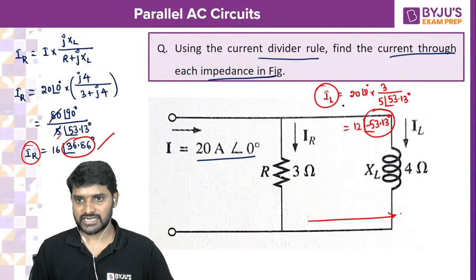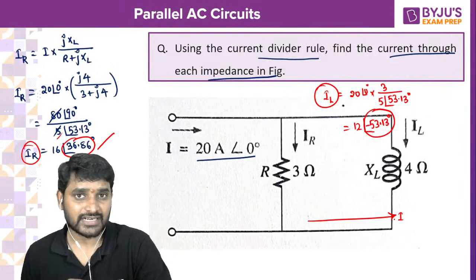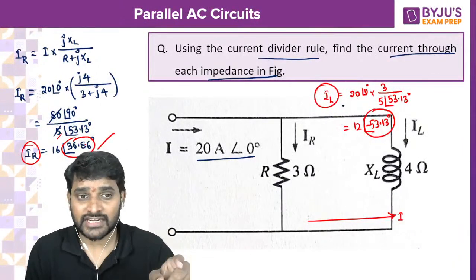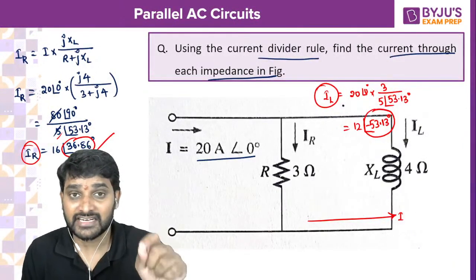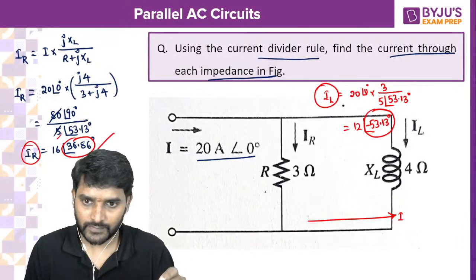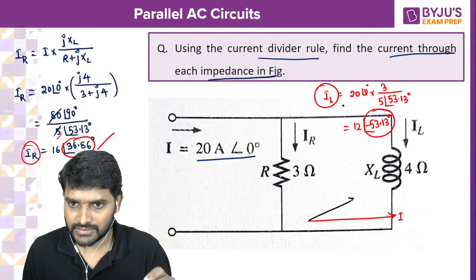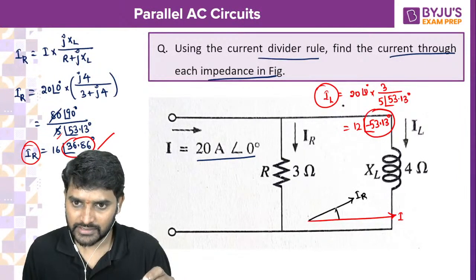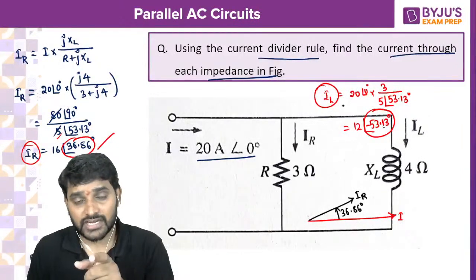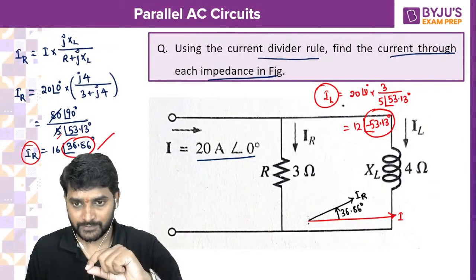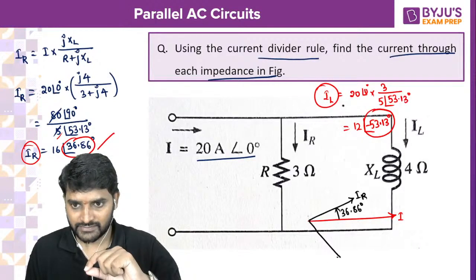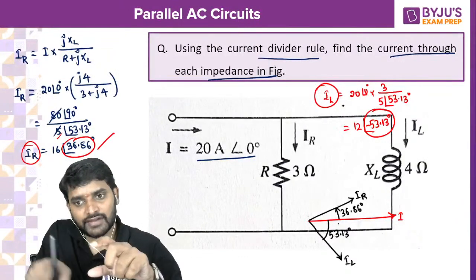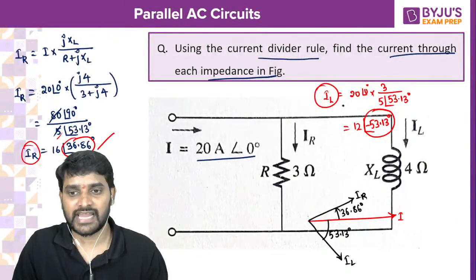The resistive current leads by 36.86, and the inductive current IL is minus 53.13, which means you take it in the clockwise direction, the lagging side.